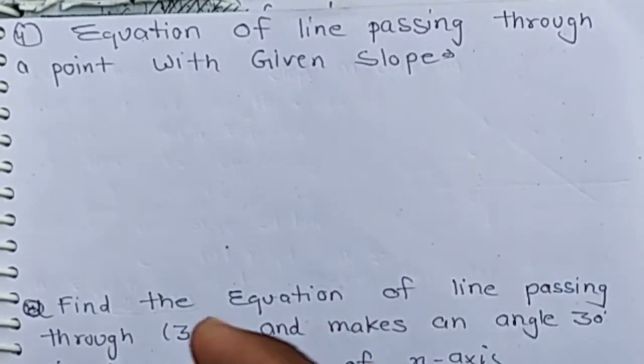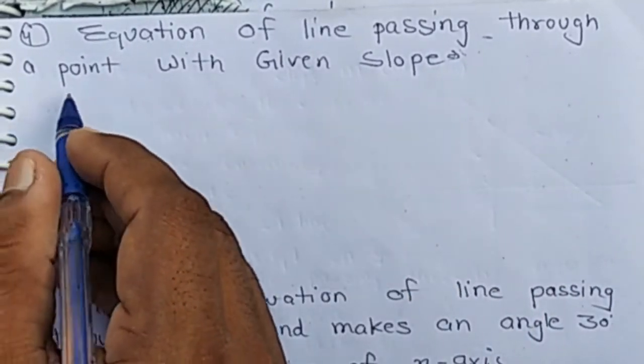Now the equation of a line passing through a point with given slope.